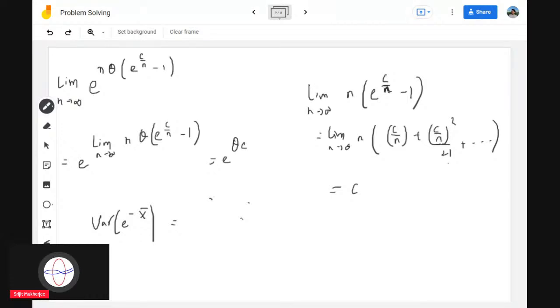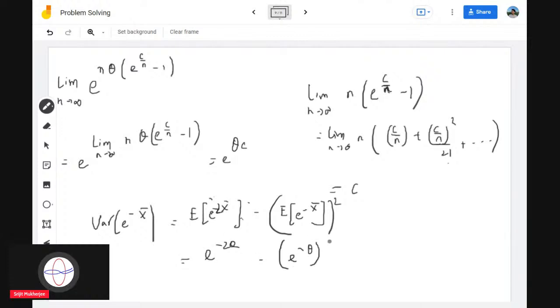So this is confusing. This is really confusing. So the variance of e to the power minus x bar is coming out to be expectation of e to the power minus 2 x bar minus expectation of e to the power minus x bar whole square. So this is coming out to be e to the power minus 2 theta, and this is coming out to be e to the power minus theta whole square. It's coming to be 0, and this is very weird.